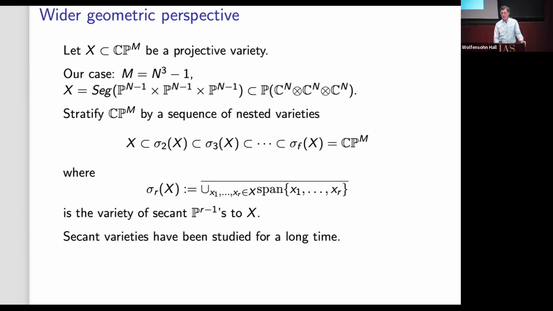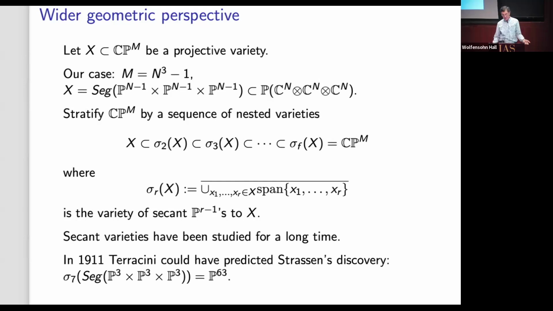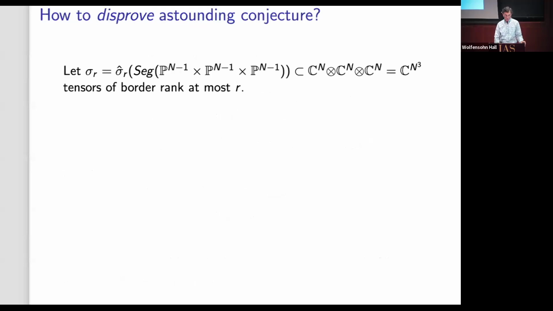It was a hot topic, and had they asked Terracini at the time, he could have predicted Strassen's discovery, because the 7th secant variety, the bilinear maps that can be computed with 7 multiplications or 7 multiplications with an epsilon, fills the ambient space. So no matter what bilinear map you have, you should be able to get away with 7 or 7 with an epsilon.